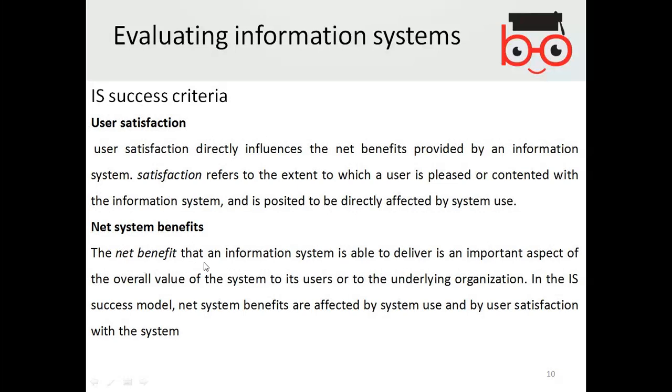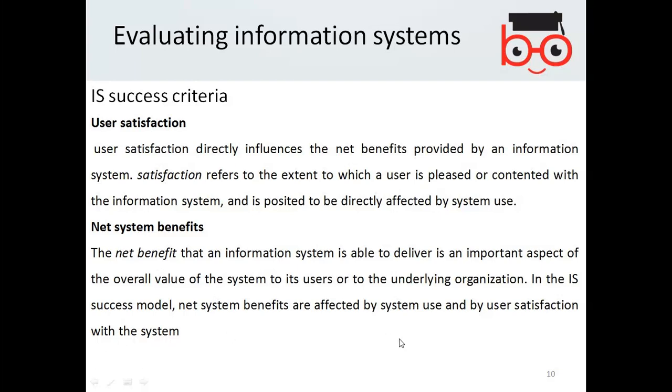The net benefits that an information system is able to deliver is an important aspect of the overall value of the system to its users or to underlying organizations. In the information system success model, net system benefits are affected by the system use and by user satisfaction with the system.